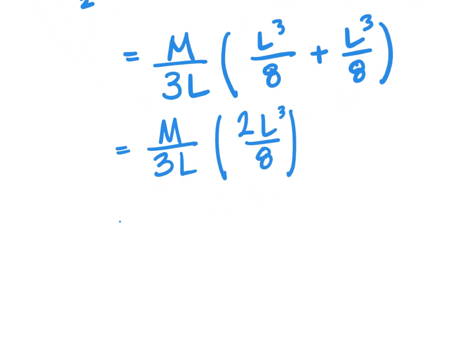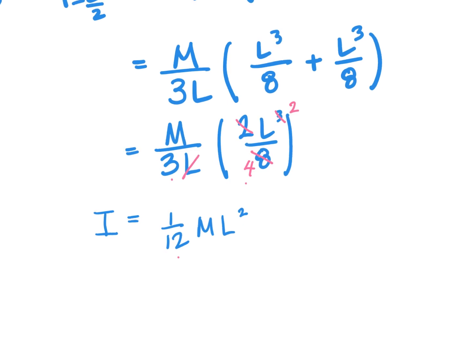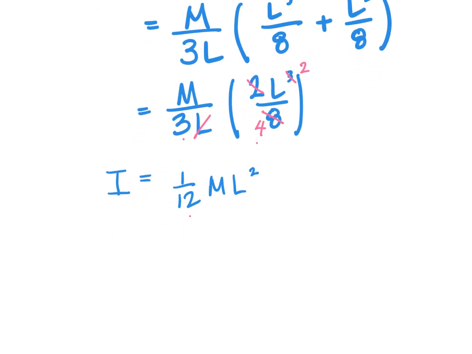This will simplify to 1/12 mL squared, because our L's will cancel 1 and 1, and 2 and 8 will make 4, and 3 and 4 make 12. So this is our rotational inertia of a rod about its center.